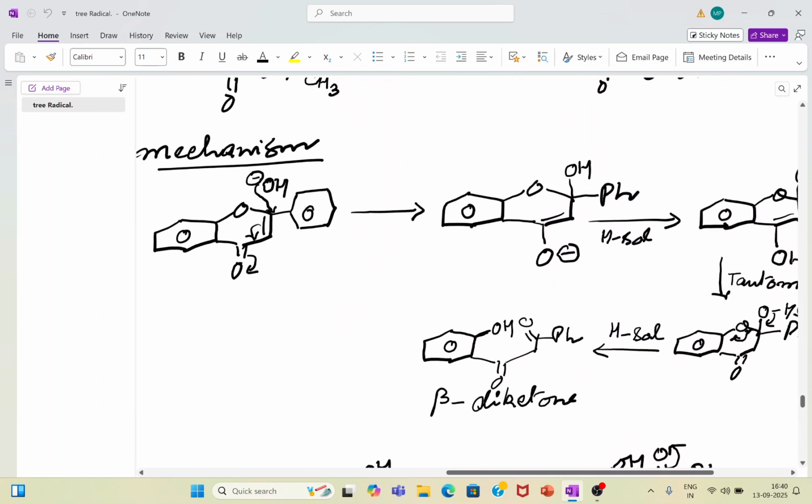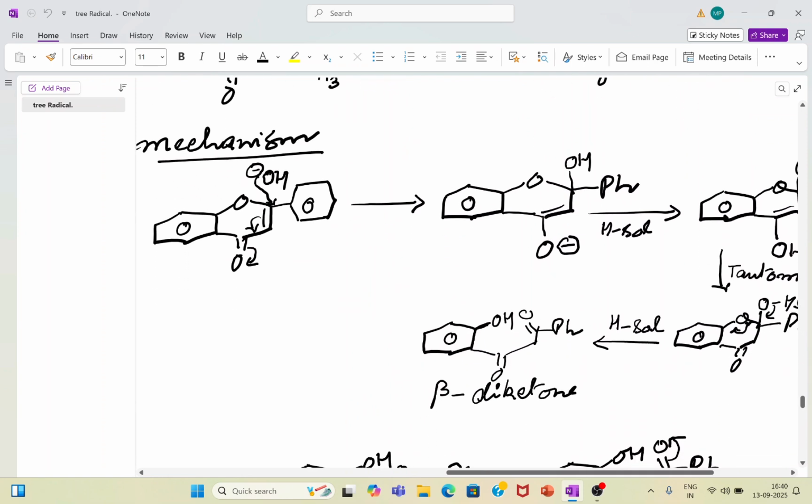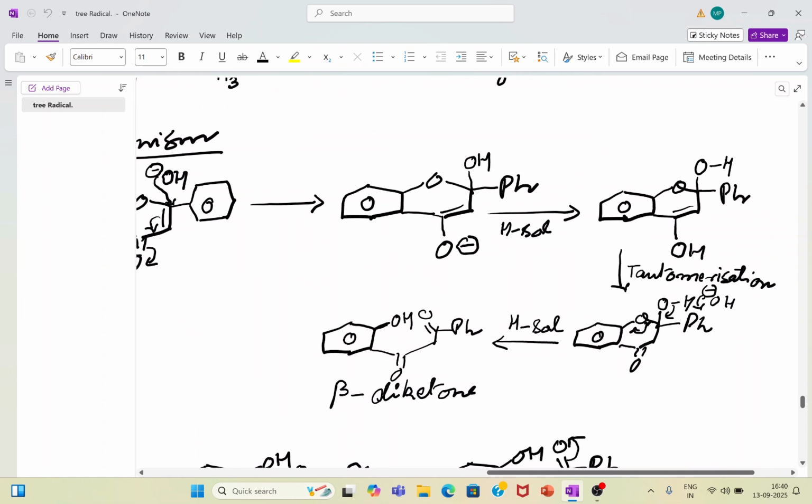Now, if you go through the mechanism, you see this OH will attack on the gamma pyrone ring in this way, resulting in this one. And then after picking up the H plus from the solvent, it will give you this type of molecule, and then this undergoes tautomerization or ketonization that will generate this ketone group.